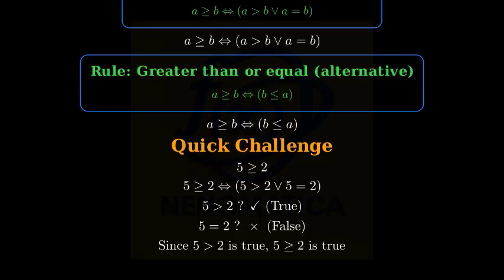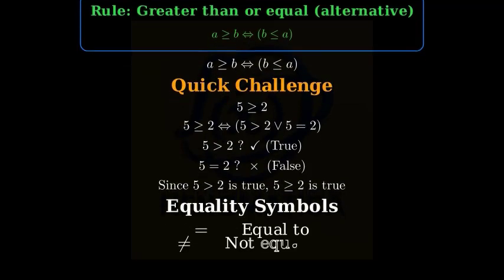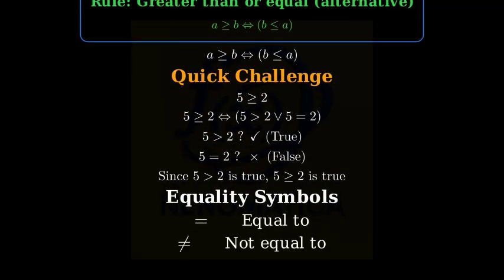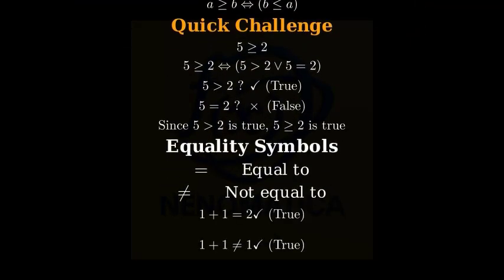Let's look at some more examples of inequality symbols. We have the equal sign, represented by the equals symbol, and the not equal sign, represented by the not equals symbol. For example, 1 + 1 = 2 is true, and 1 + 1 ≠ 1 is also true. Now, let's look at some examples with greater than and less than symbols.